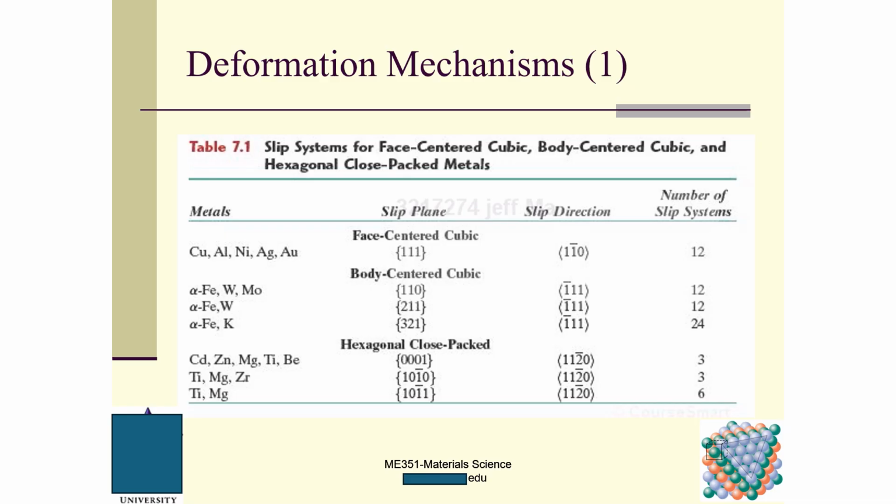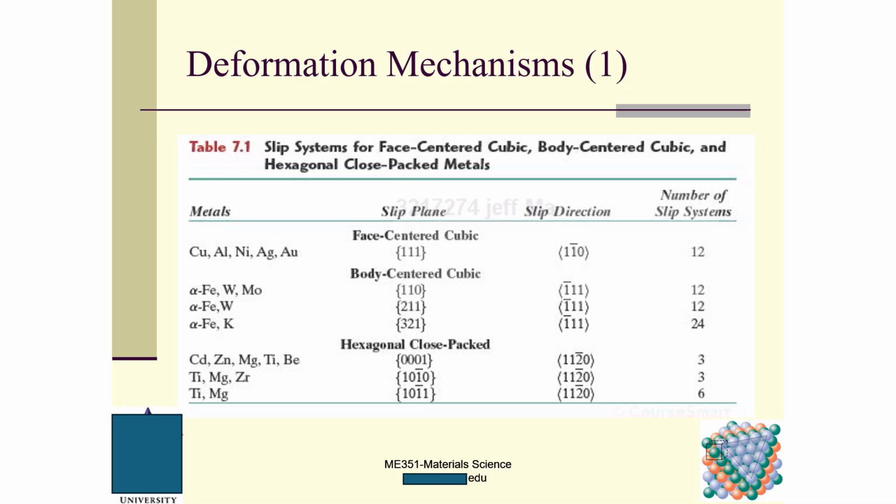For the second one, alpha iron and tungsten, they also have the 211 slip plane and 1 bar 11 direction, with 12 slip systems. Alpha Fe also has the 321 plane and slip direction 1 bar 11, and these have 24 slip systems.